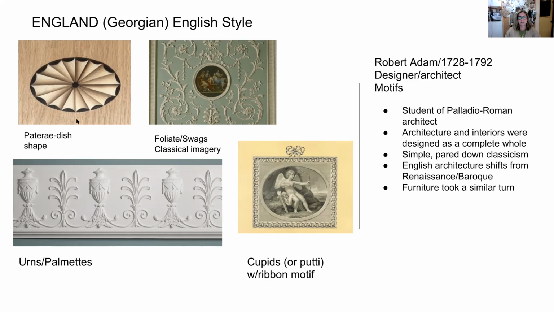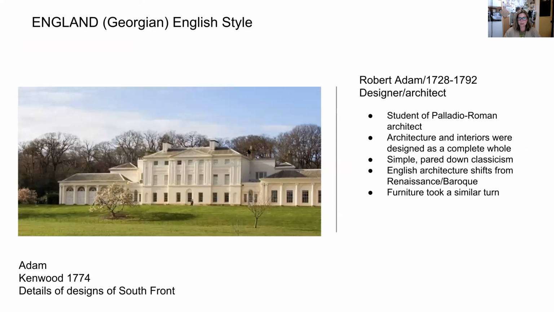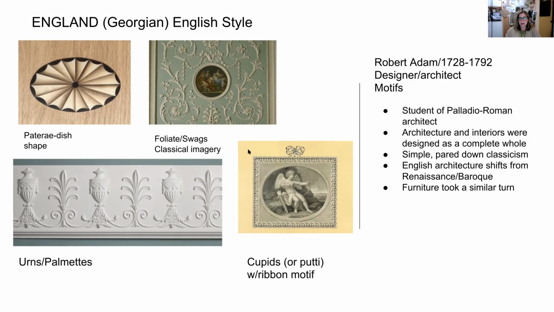And then lots of cute little cupids, or putti, with ribbon motifs. And if you recall from last week, we looked at all the chairs and how popular that ribbon pattern was. And so that's the beginning of Robert Adam.